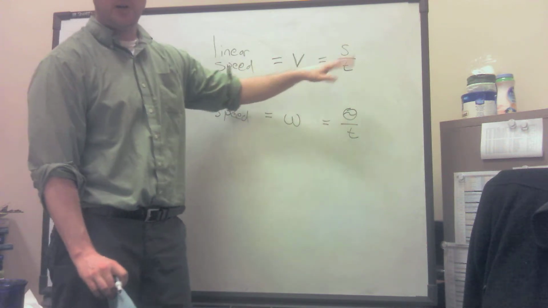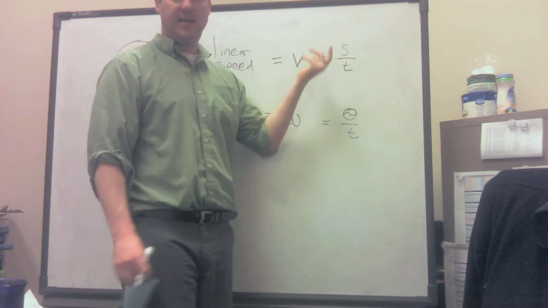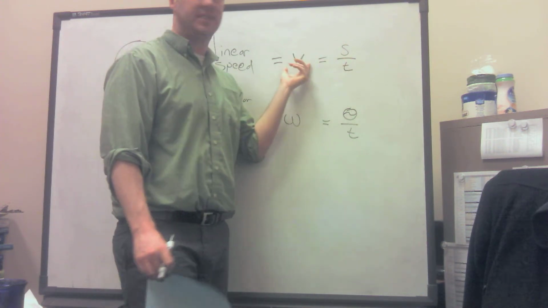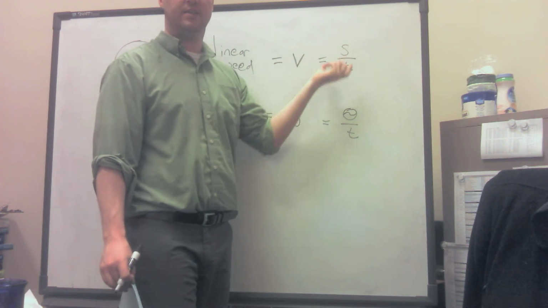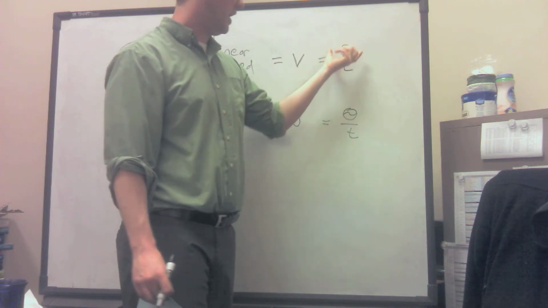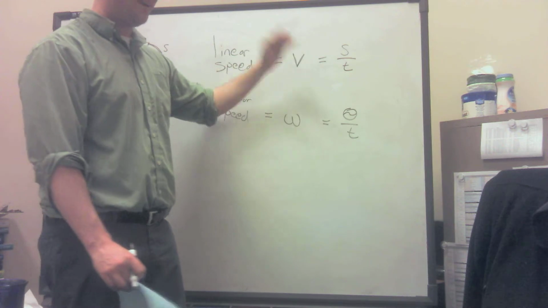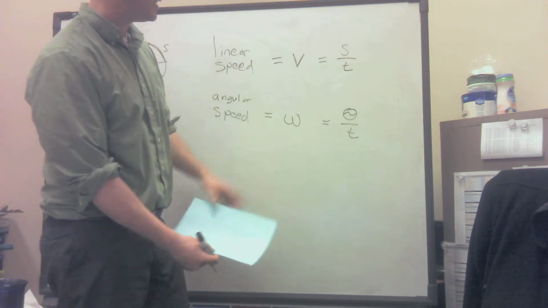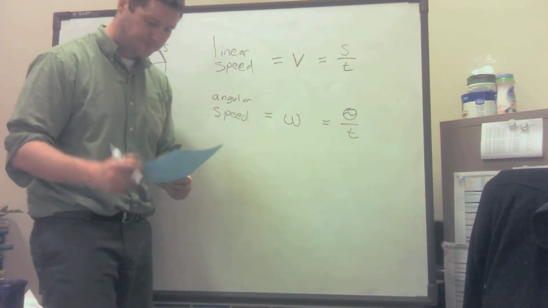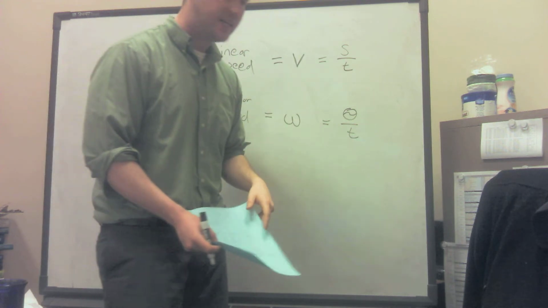They're going to give you some of these variables and ask you to solve for the other. They may literally just say the arc length is 5, the time is 6 seconds. What is the linear speed? What's the arc length divided by the time? So that would be 5 divided by 6 seconds. I'd have to have some kind of unit, like 5 inches per 6 seconds. So the first few problems should be really easy.